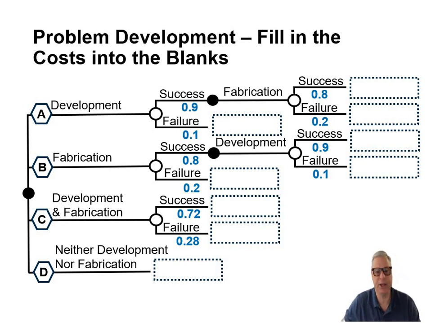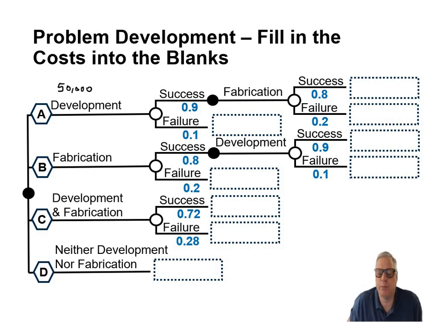So we can see here the probabilities, and we have decision tree A, so they start with development. And I'll just write it down. So that causes cost of 50,000. Okay, if that fails, then we have to buy the engine at 24 from a third-party supplier.